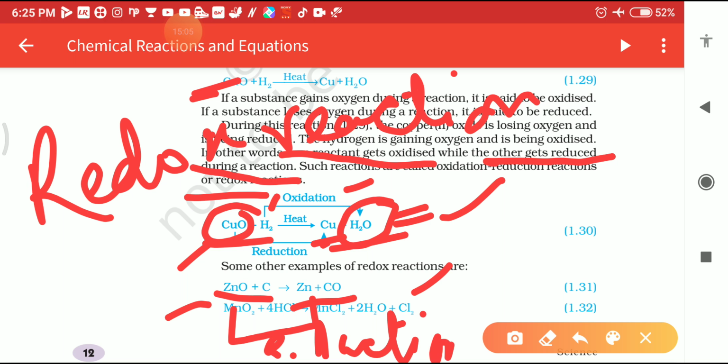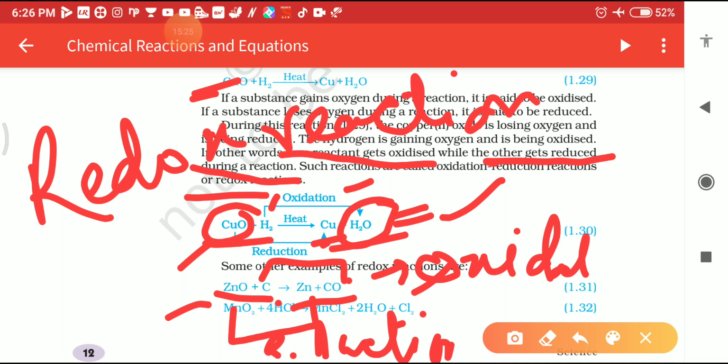Now the second reactant you will see here is carbon. On the right side you will see oxygen is added here. It means addition of oxygen, so we can say oxidation takes place. Oxidation means in which oxygen is added and hydrogen is removed.